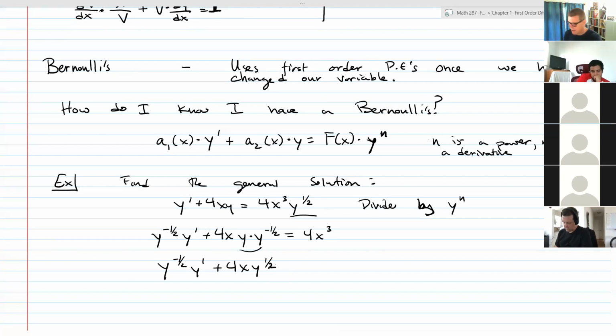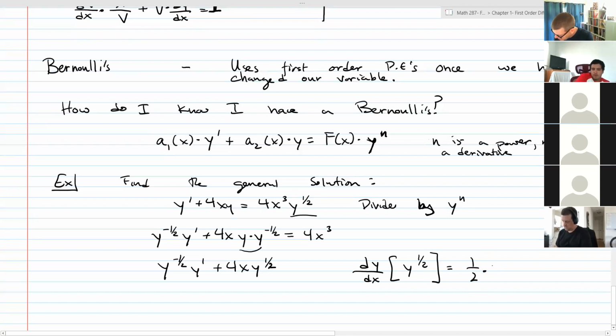And what you want to notice here is that dy dx of y to the 1/2 is going to equal, when we take that derivative, negative 1/2 times y to the negative 1/2 times dy dx.